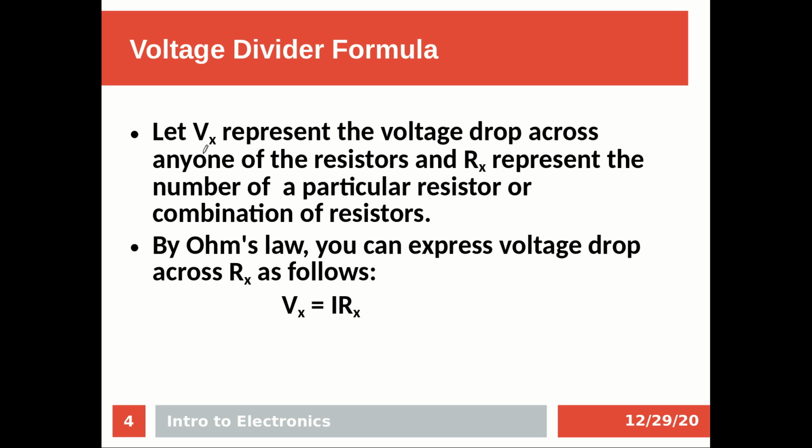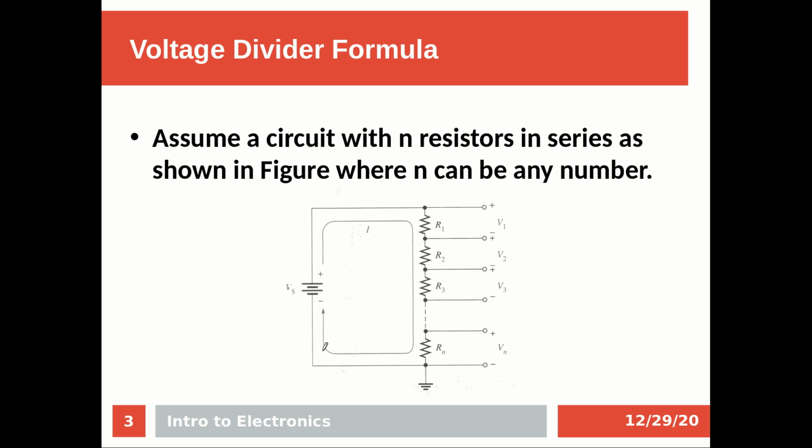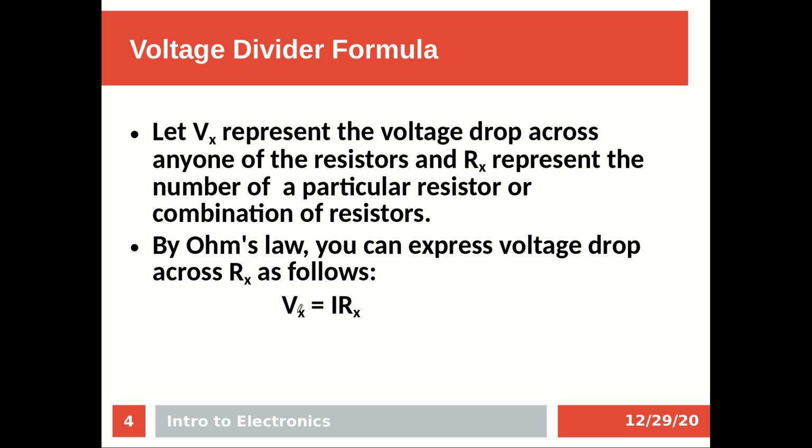If you have Vx, which is the voltage across the resistor X, and Rx is the value of this resistor, then as we saw before, the current through a series circuit is the same in all resistors. So Vx is equal to I, the current, multiplied by Rx.